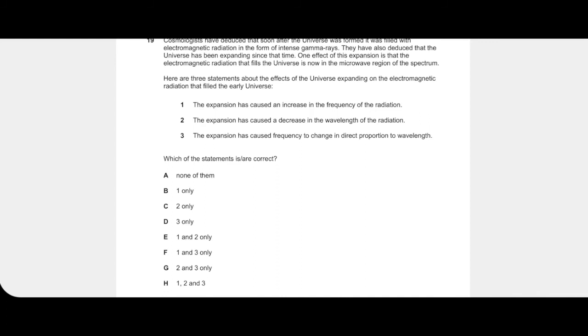Here are 3 statements about the effects of the universe expanding on the electromagnetic radiation that filled the early universe. Statement 1, the expansion has caused an increase in the frequency of the radiation. Statement number 2, the expansion has caused a decrease in the wavelength of the radiation. Statement number 3, the expansion has caused frequency to change in direct proportion to the wavelength. Which of the following statements is or are correct?